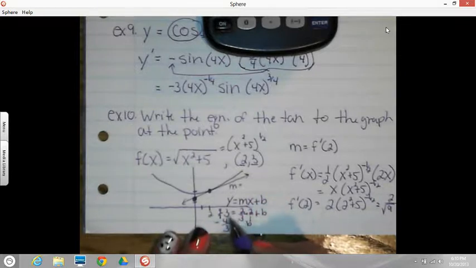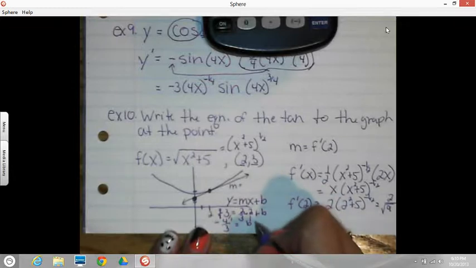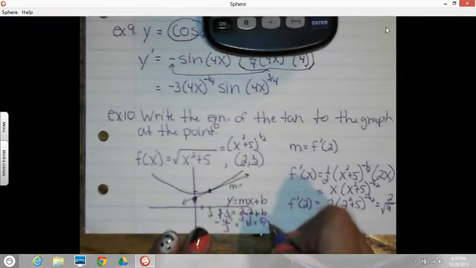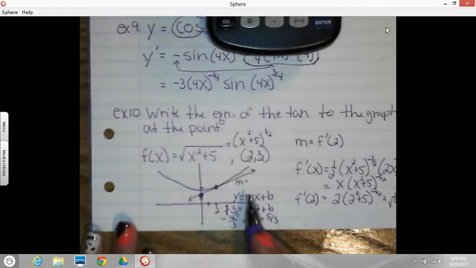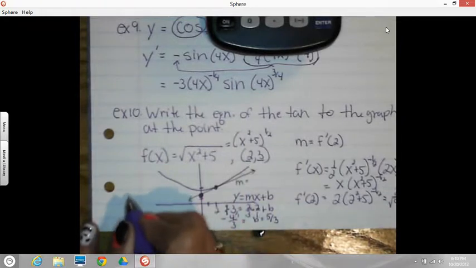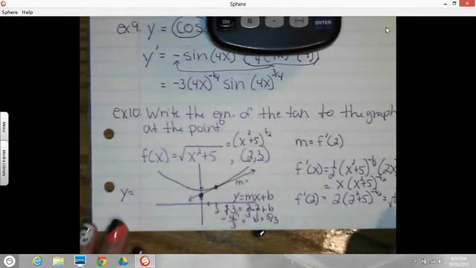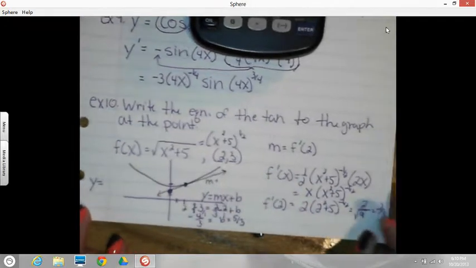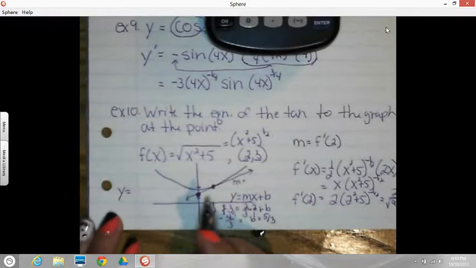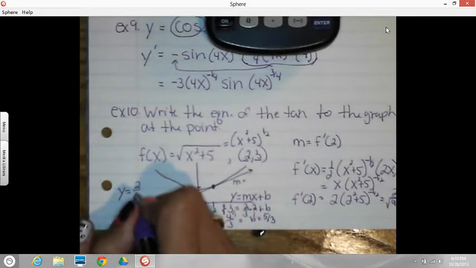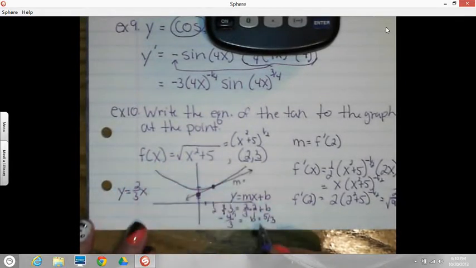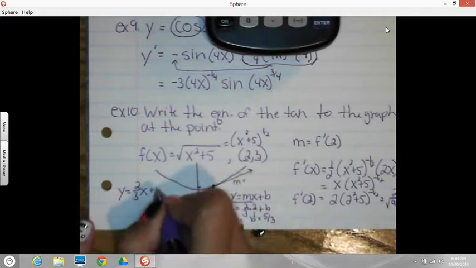Common denominator, 3 over 1. 9/3 minus 4/3 is 5/3. So my equation for that line is going to be y equals 2/3 x plus 5/3.